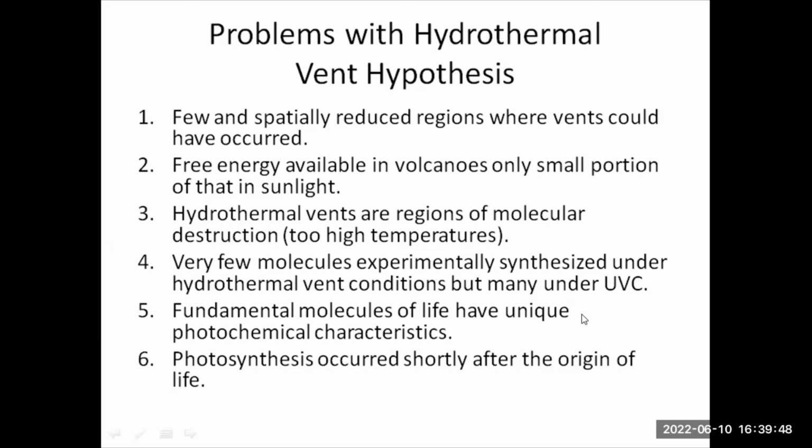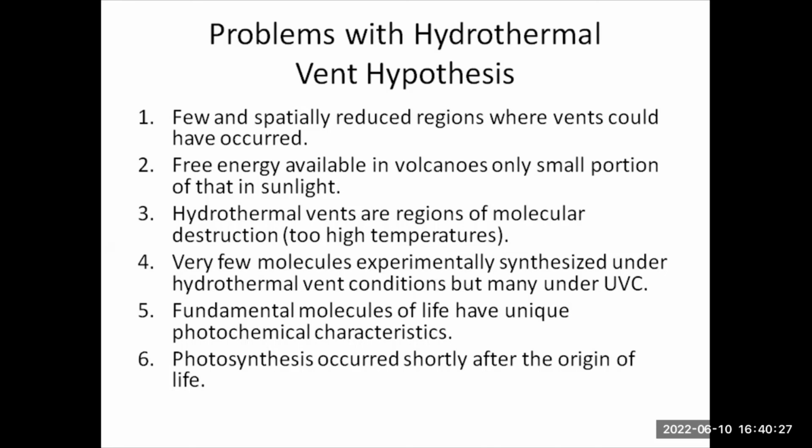Okay, and the further point I want to make is that photosynthesis arose very quickly after the origin of life. We'll see it probably took less than about 50 million years after the origin of life to have photosynthesis, not oxygenic photosynthesis, which would have used water as the electron donor, but a hydrogen sulfide type of photosynthesis, which some anaerobic bacteria still use today.